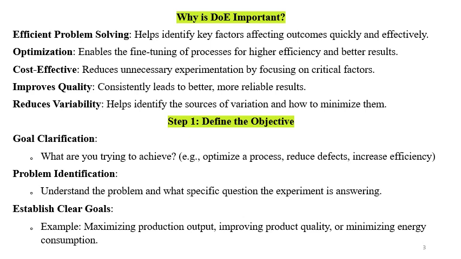Establish clear goals. Example, maximizing production output, improving the product quality, or minimizing energy consumption. In the pharmaceutical field, the clear goals may be like having the specific release of the API at specific time interval.